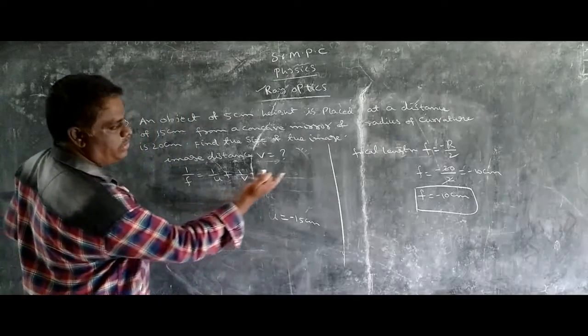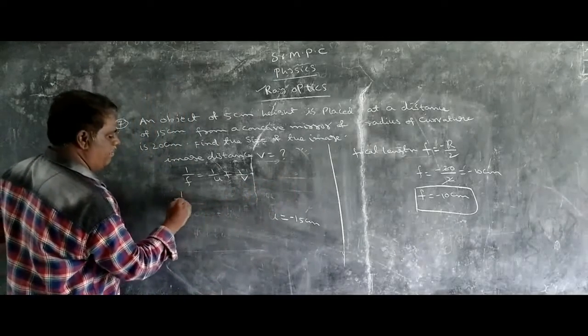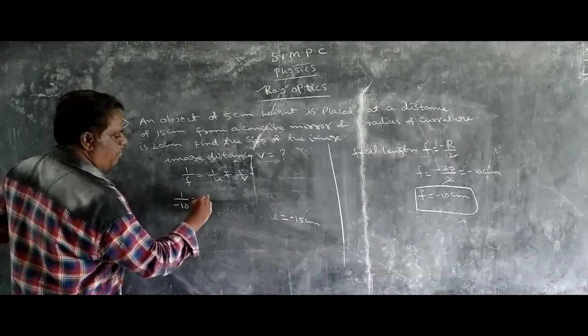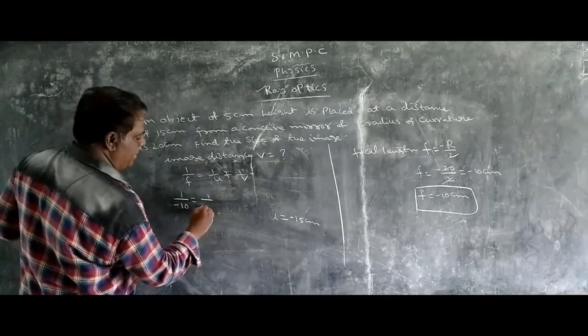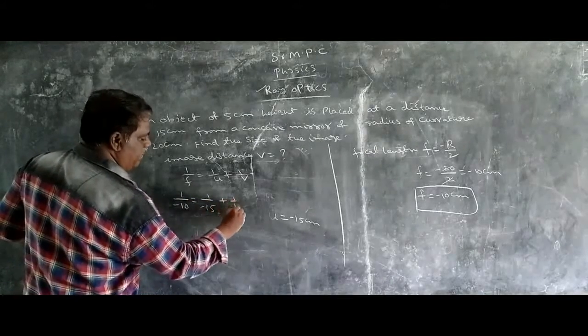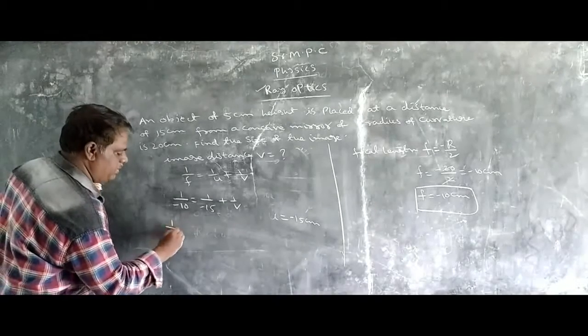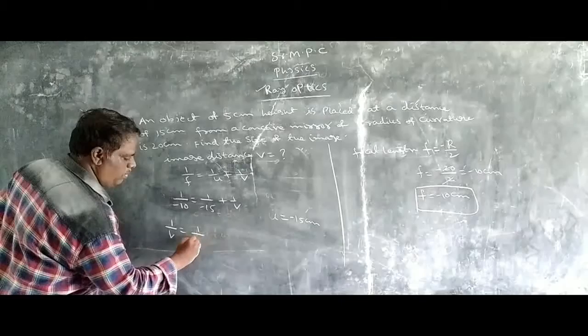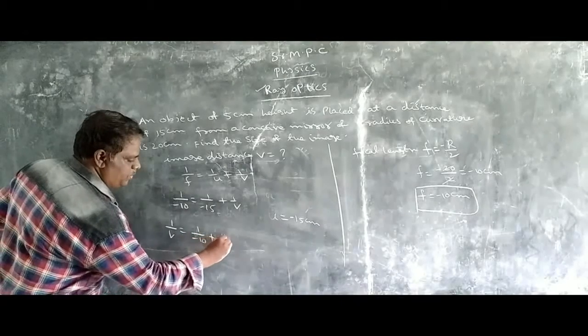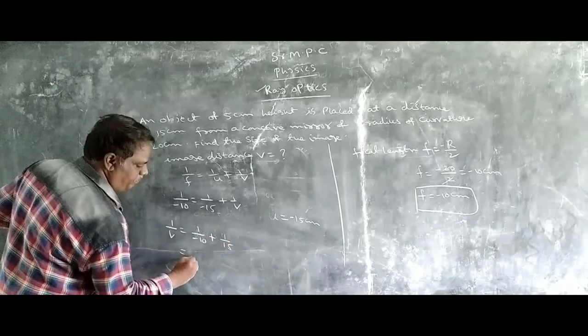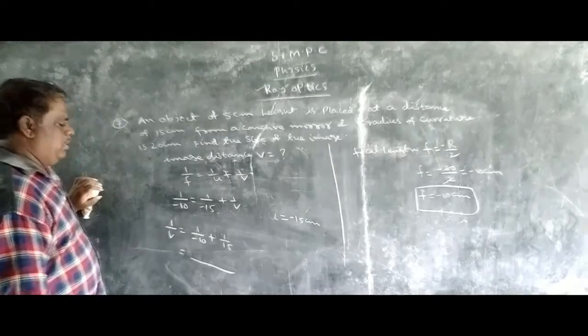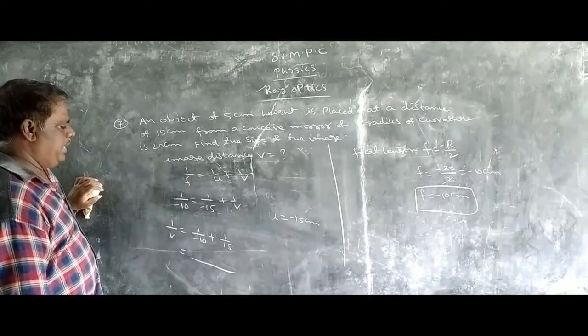F value is also calculated. 1 by minus 10 is equal to 1 by U, U value minus 15, plus 1 by V. So then 1 by V becomes 1 by minus 10 plus 1 by 15. Take the LCM.